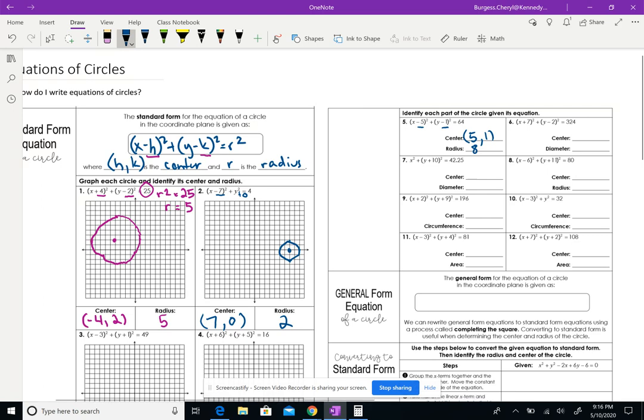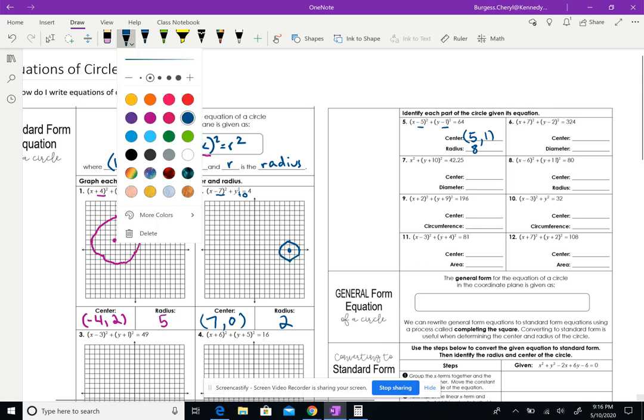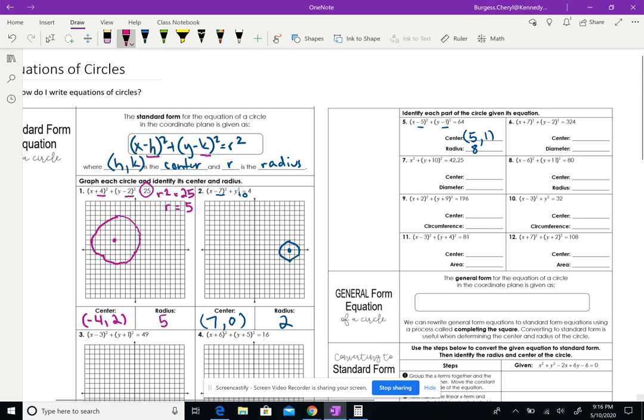Okay, let's do number 7. So our x term is x plus 0 squared, right? So our h is 0 and k is -10, and they ask for the diameter.